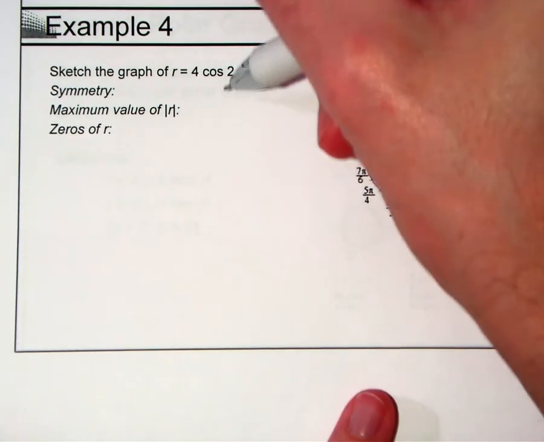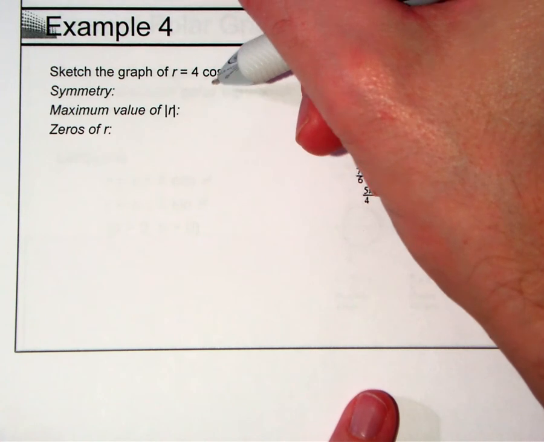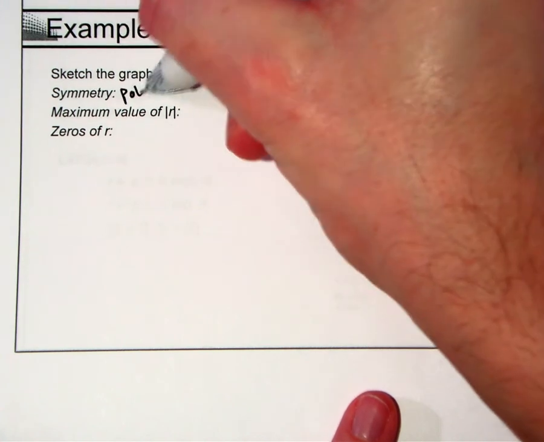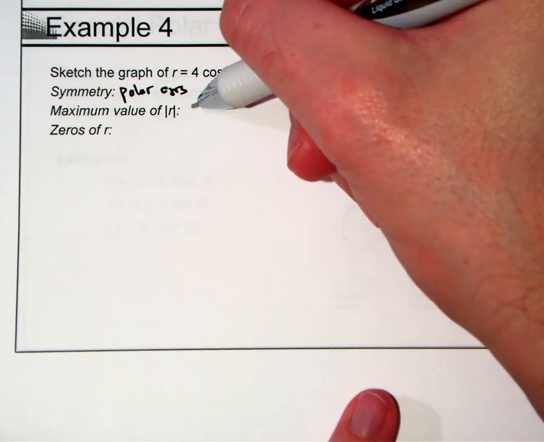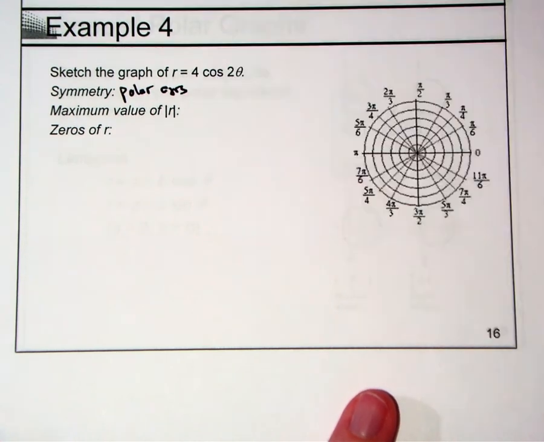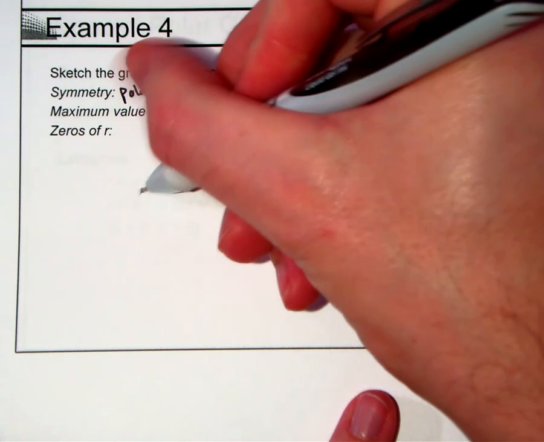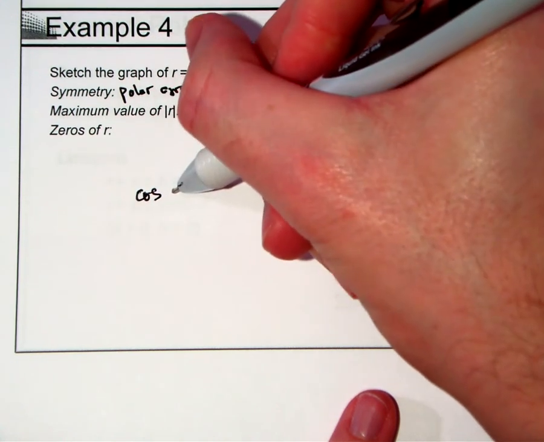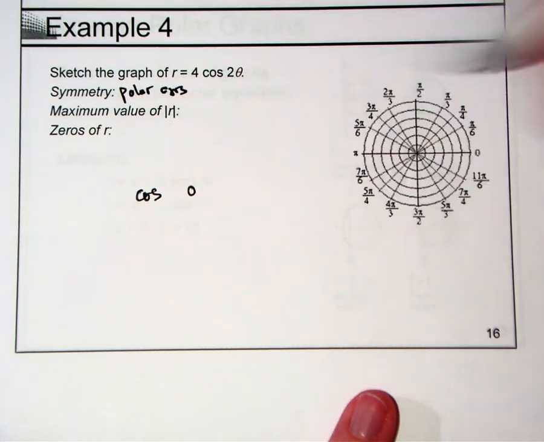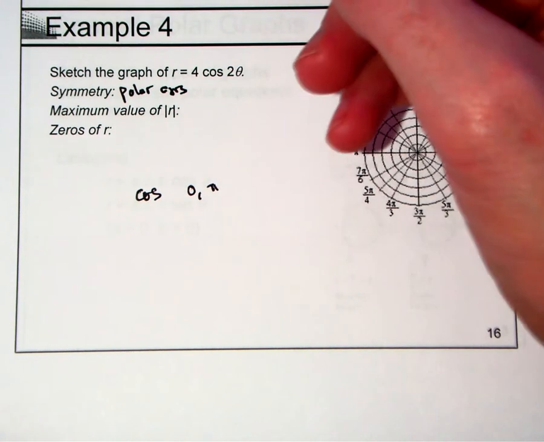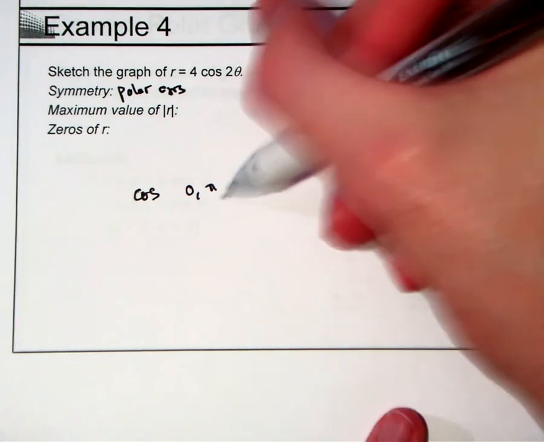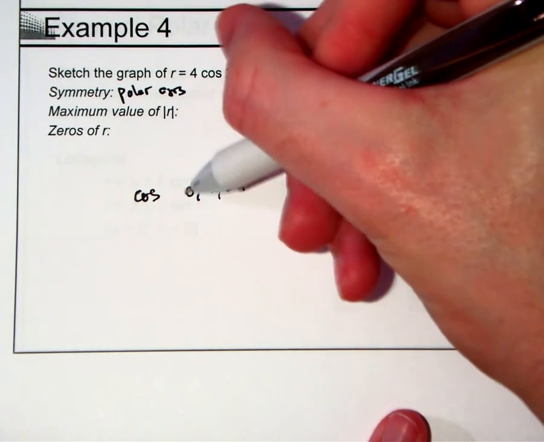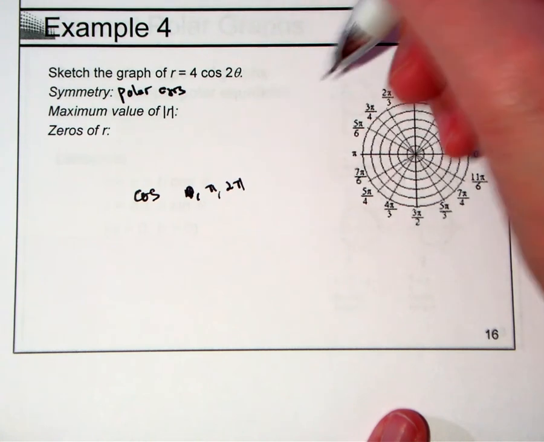This is polar axis symmetry. Where would the maximum values of r be? Okay, so the maximum values for cosine are at 0 and pi, integer values of pi, and then 2 pi. Maybe you want to count it as 2 pi instead of 0.